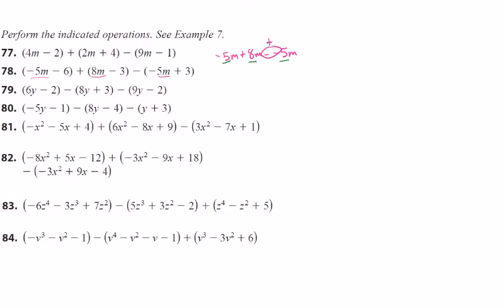Excuse me, negative 5 plus 8 is 3, plus 5 is 8. So I get 8m. And you can think of it also as your negative 5 and positive 5m's canceling out. So you're just left with 8m.